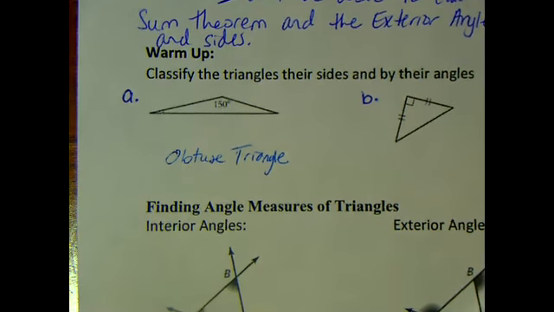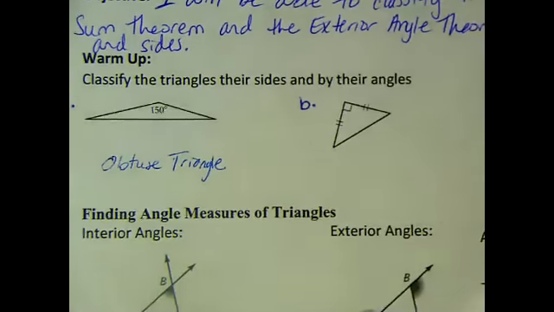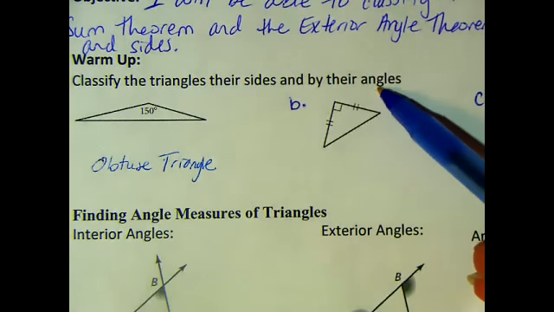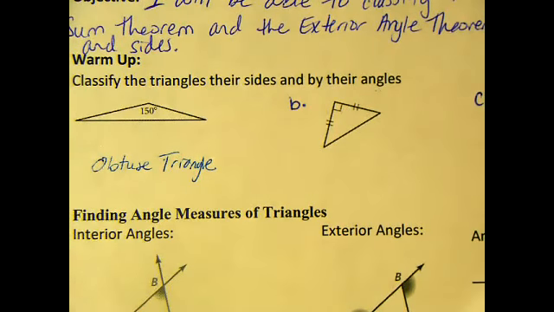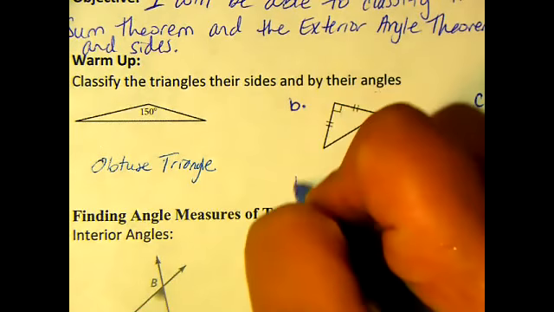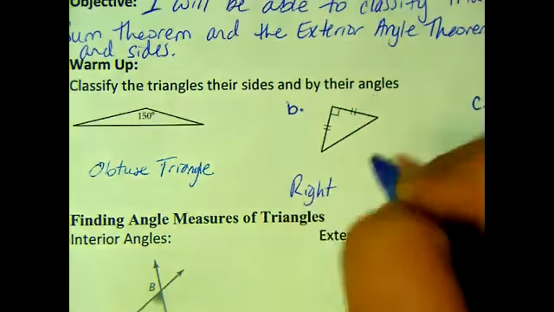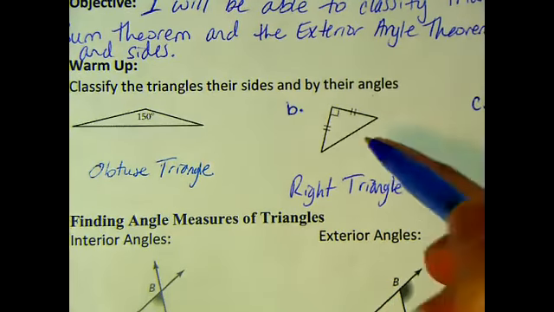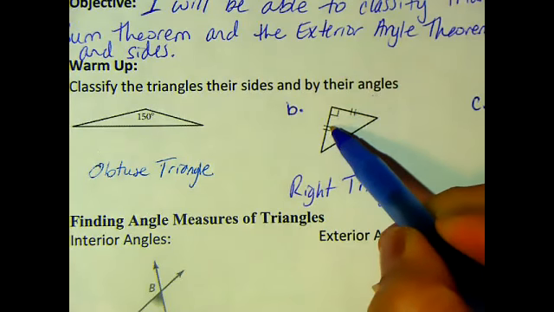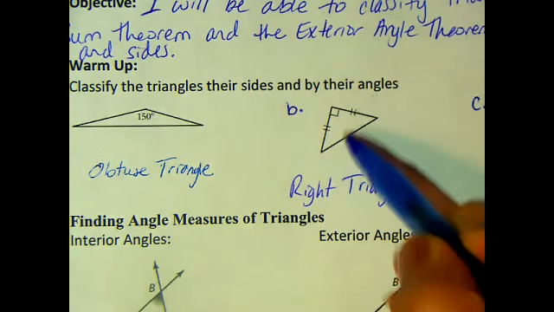Okay, if we take a look at B, based on the angles, we see here we have a right angle. So this is automatically a right triangle, but it's more than a right triangle because we see these markings on the sides here.